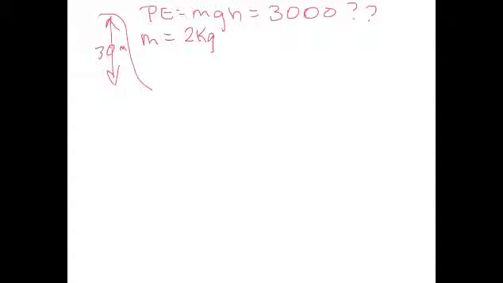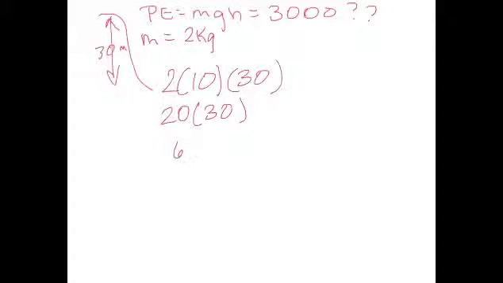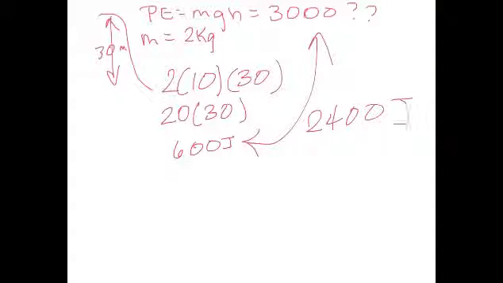We get 2 times 10 times 30. So that's 20 times 30, which is 600 joules. We're off by 2,400 joules.